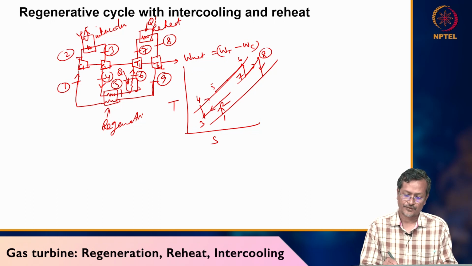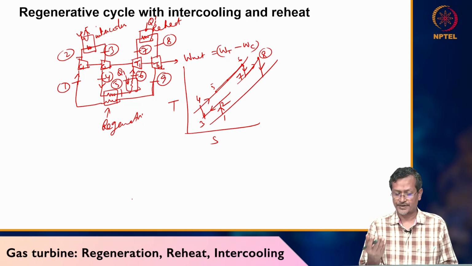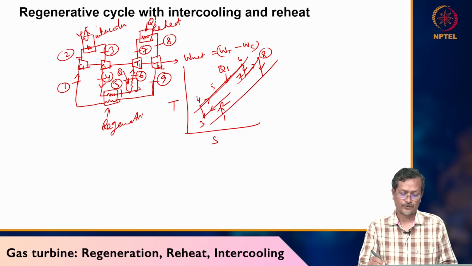Now you see the process. 1 to 2 compression happened, 2 to 3 intercooling or heat rejection happened, 3 to 4 compression happened again, 4 to 5 your compressed air got a certain amount of heat from your exhaust gas, 5 to 6 your combustion chamber is working, 6 to 7 turbine worked, 7 to 8 your reheat worked. So this is Q1 dash, some heat you have given, 8 to 9 your turbine 2 worked.